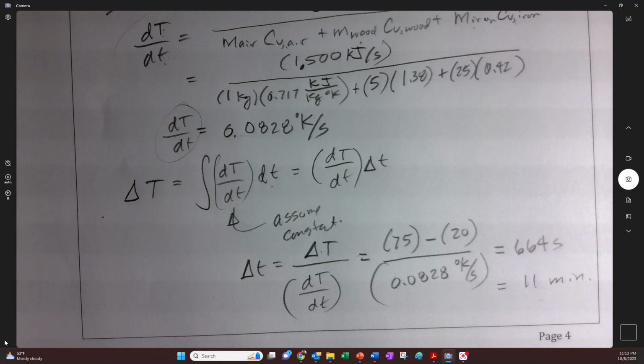All the examples that follow are ones from Cengel, examples that I thought were useful, and hopefully you will find them useful as well in doing the homework.